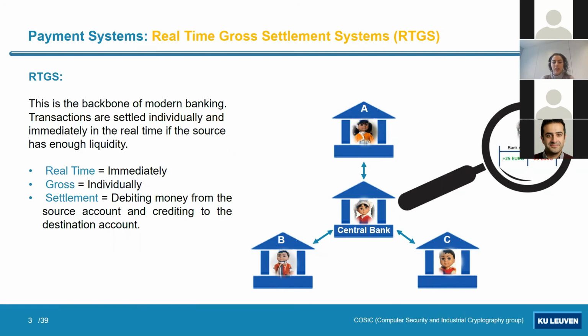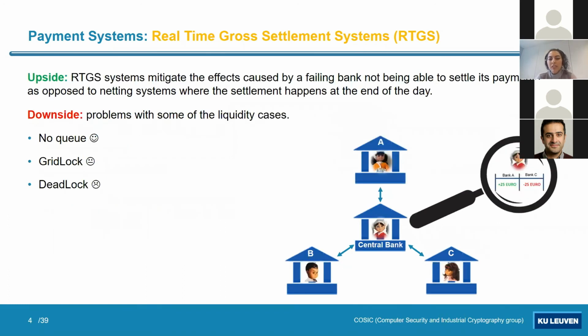This system has an upside and a downside. The upside is that if some bank fails to do its transaction, the system will detect it in real time, and it mitigates the cost of this failure on the system, as opposed to other systems like netting systems, in which the transactions are settled at the end of the day.